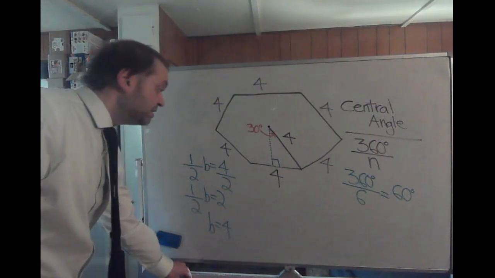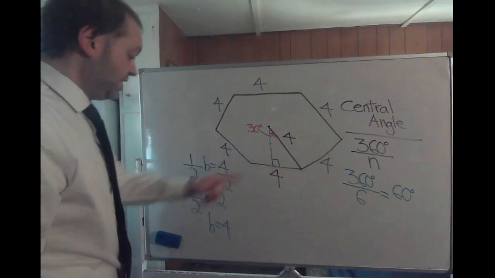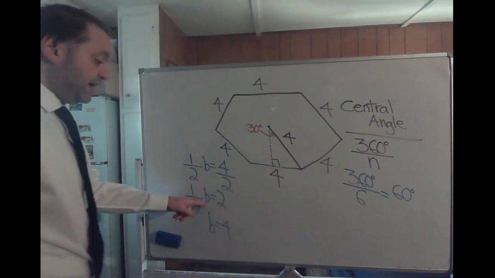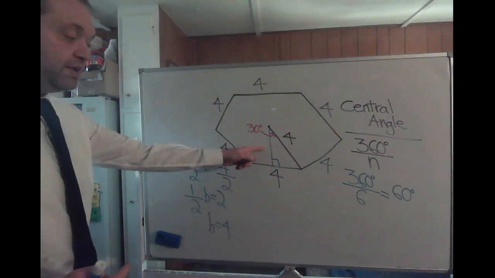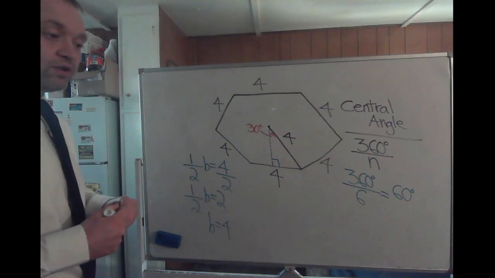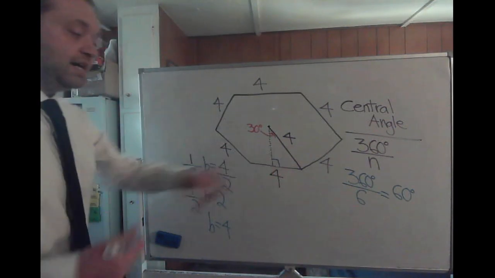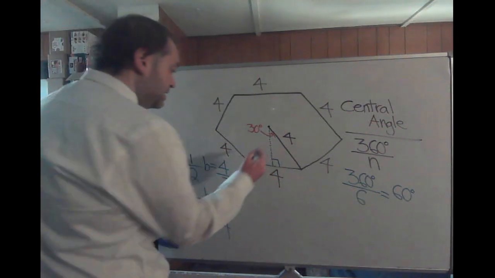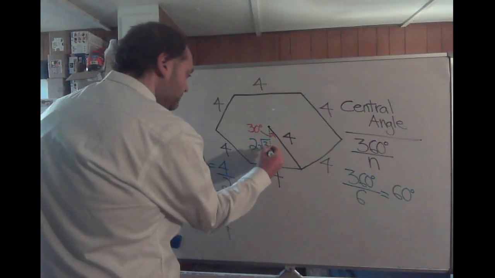Well, to find the apothem, we know that's going to be across from the 60-degree angle. If the length of half the base here was 2, the length of the apothem would be the length of your shorter leg times the square root of 3. So the length of the apothem is going to be 2 times the square root of 3.